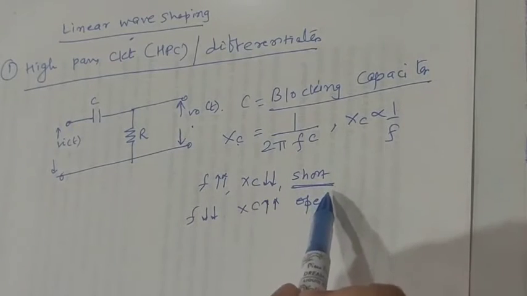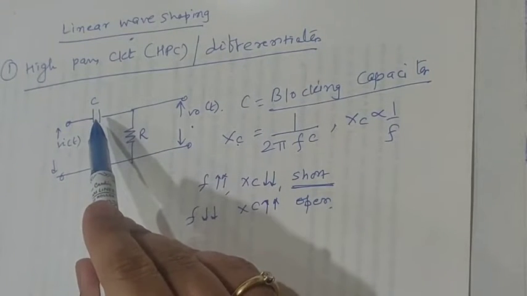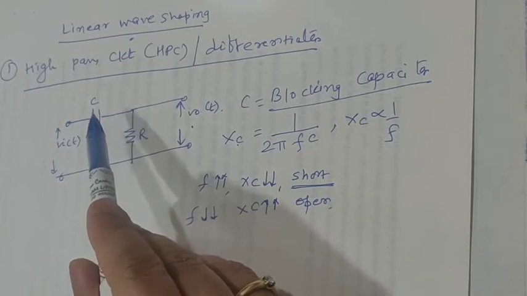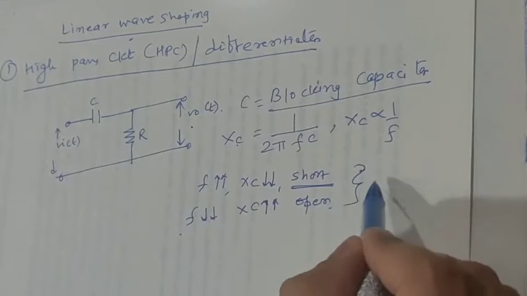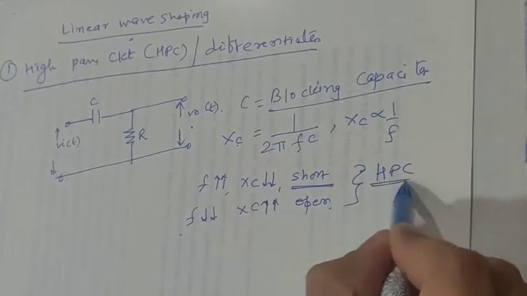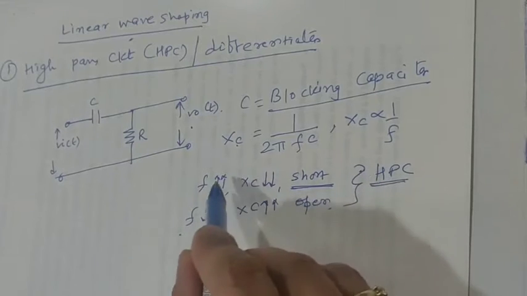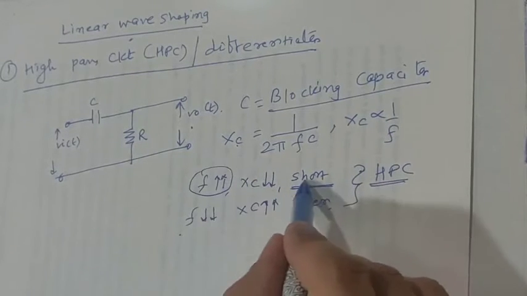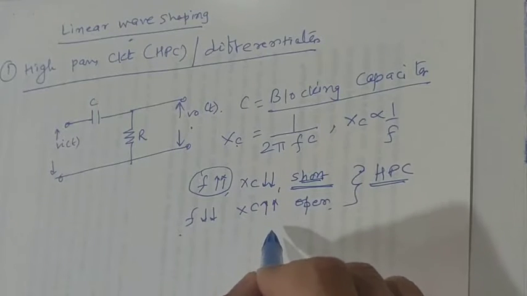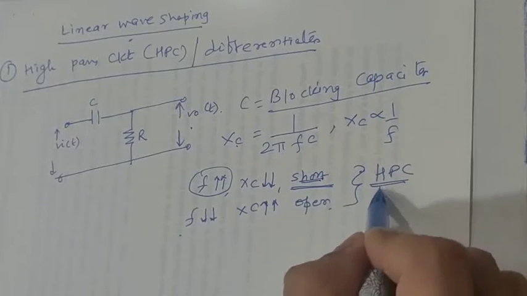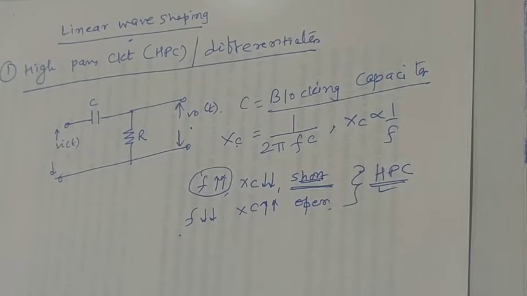If the capacitance is replaced by an open circuit, the lower frequencies will be blocked and only the higher frequencies are going to be passed. Remember this, that's why it is called a high pass circuit: higher frequencies are bypassed, and if the frequencies are lower, they will be blocked.